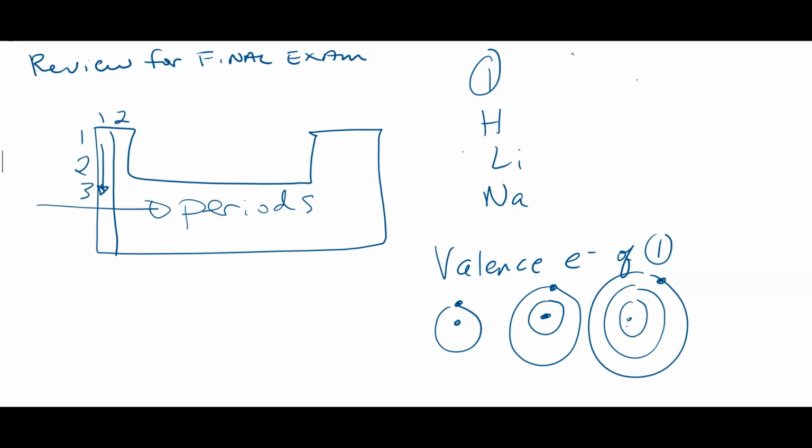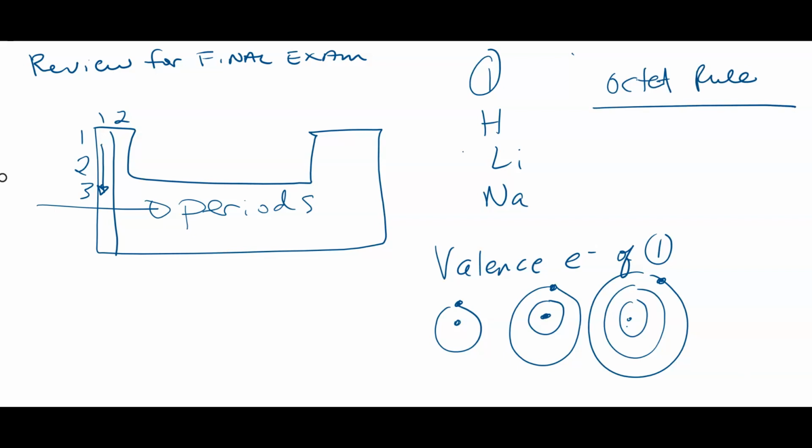So all elements in one particular group, which is the same thing as family, have the same valence electrons. Okay? And remember, all elements are hoping to fulfill the octet rule. So remember, they all want to have a filled shell.